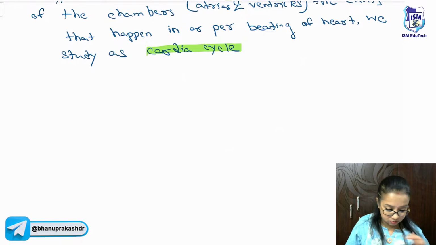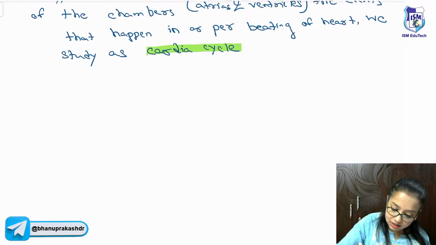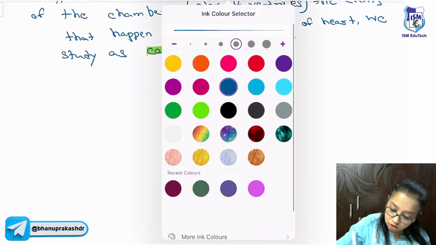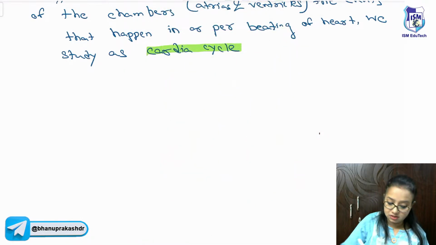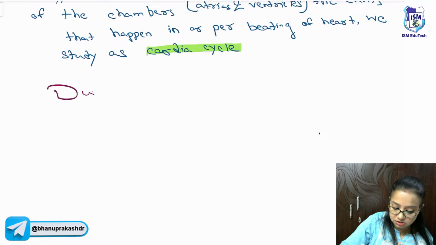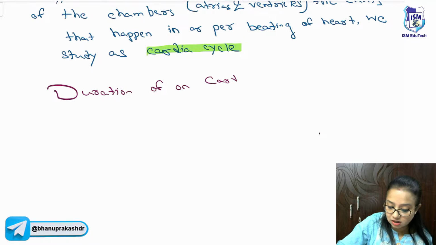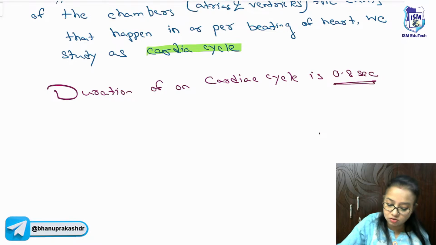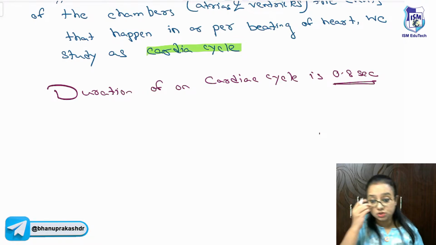Okay. Now, the duration of one cardiac cycle is 0.8 second. It's almost near about 0.8 second.